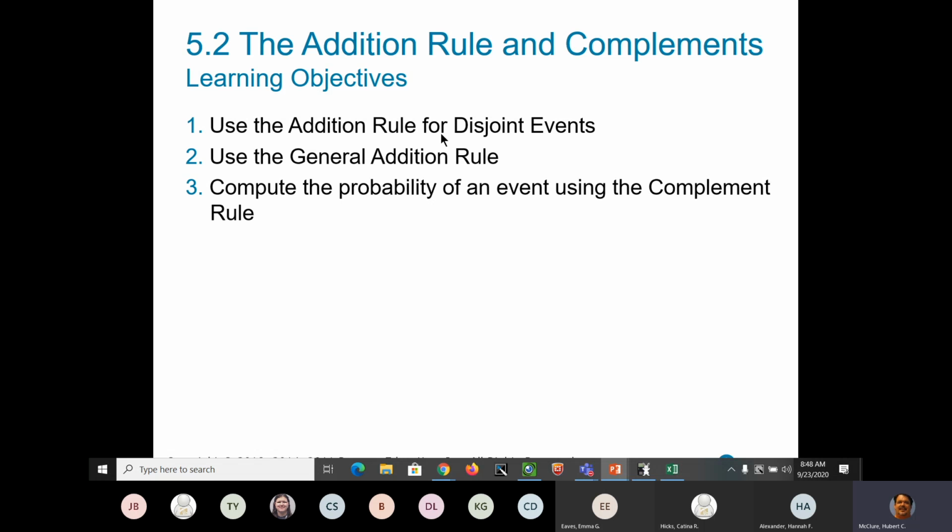All right, now we're going to talk about 5.2. This is very important.